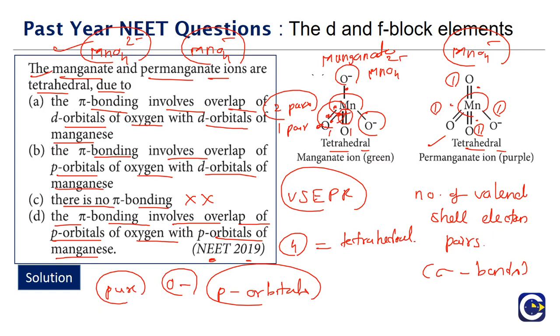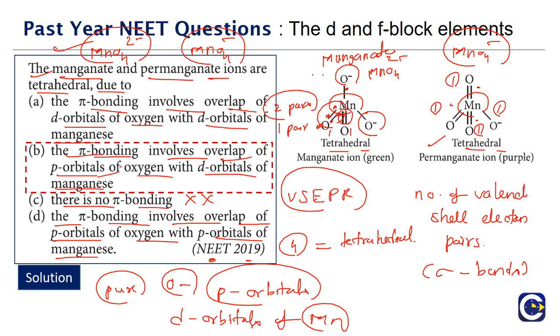So p orbitals of oxygen will overlap with the d orbitals of the manganese, because for the manganese the electrons participating in the bonding are present in the d orbitals. So the pi bonding involves the p orbitals of the oxygen and the d orbitals of the manganese. So the correct answer is option B.